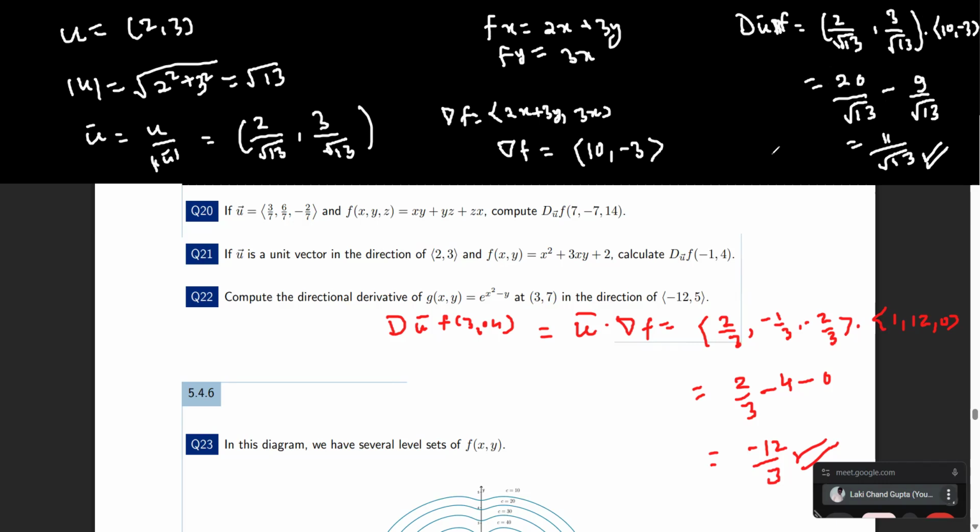This is your answer. Understood? First, we find the unit vector of u.